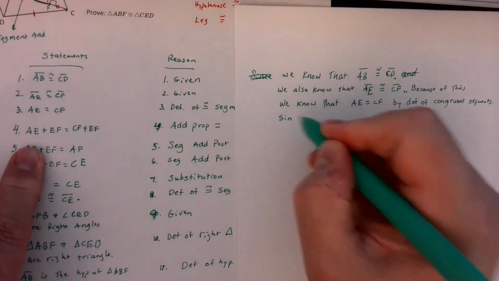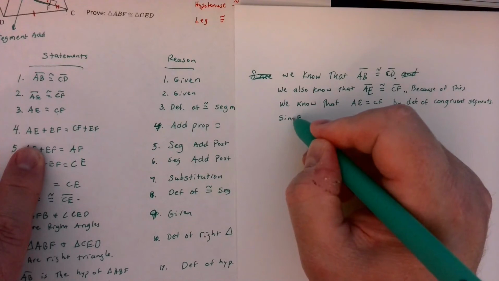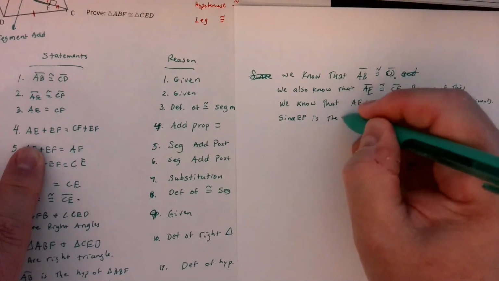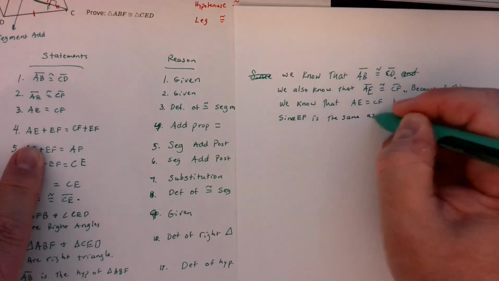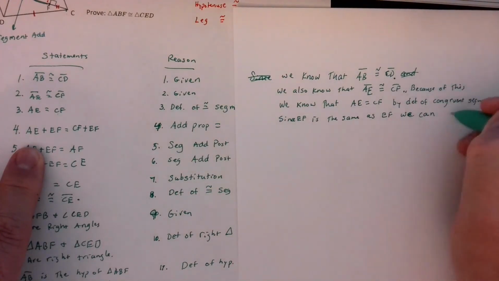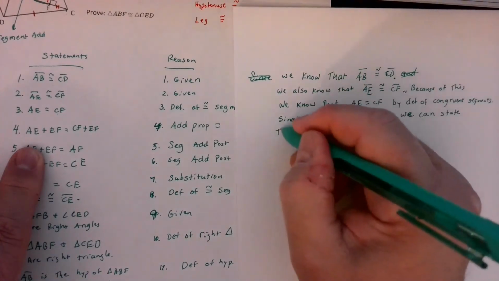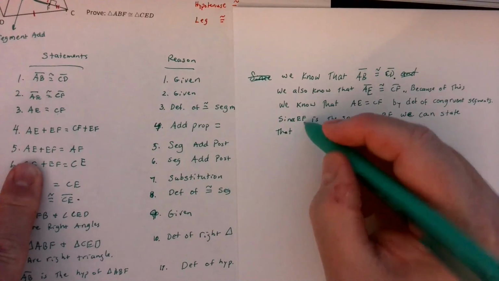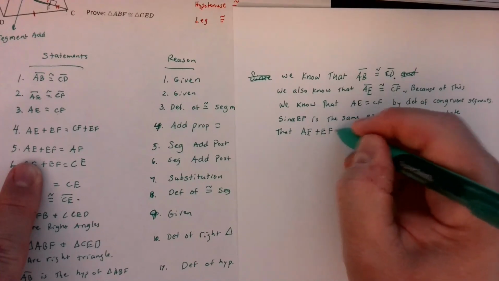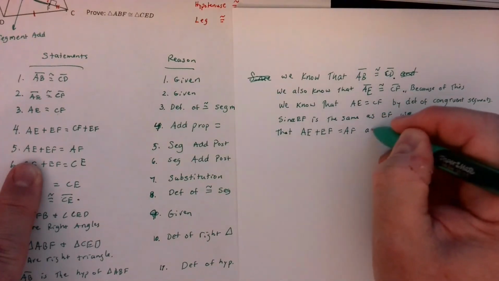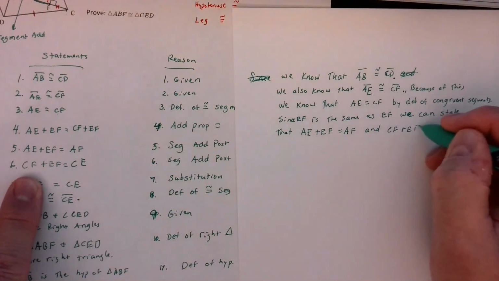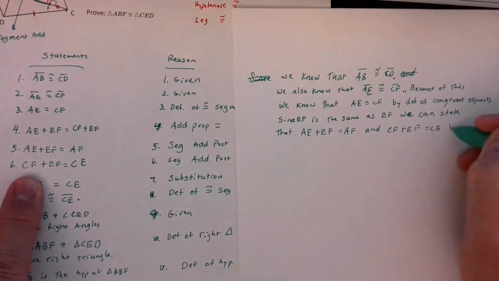And since EF is the same as EF, we can state that, and you see I'm going right down my list here, AE plus EF equals AF, and CF plus EF equals CE by segment addition postulate.